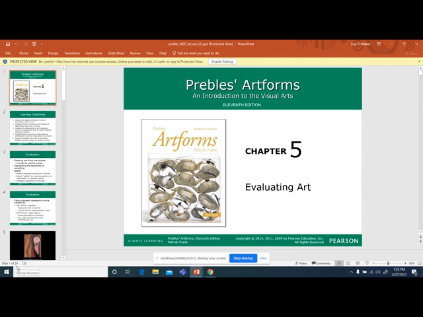Now, when my students enter an art show, I always tell them this. Whether you get in or whether you get an award is not a factor of whether or not your work is good.